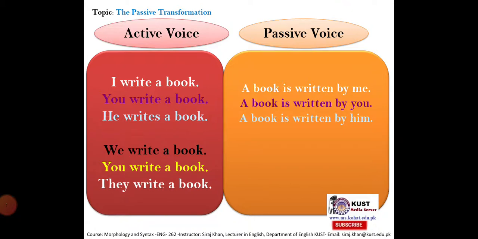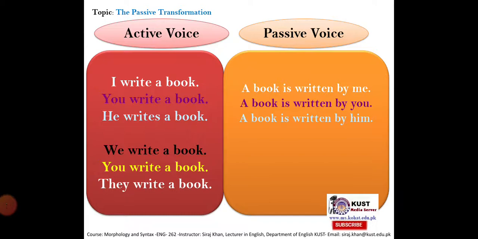He writes a book. A book is written by him. A book becomes the subject, followed by be, is, auxiliary, followed by third form of verb. By we use as a preposition, and he becomes him, as pronoun cases.